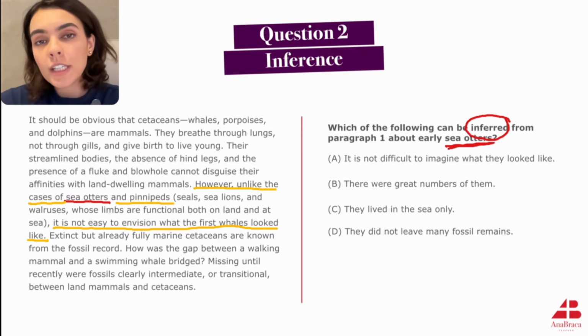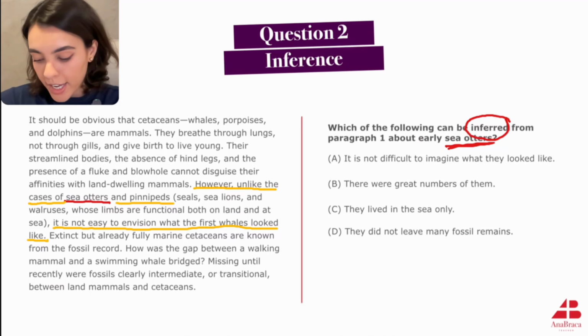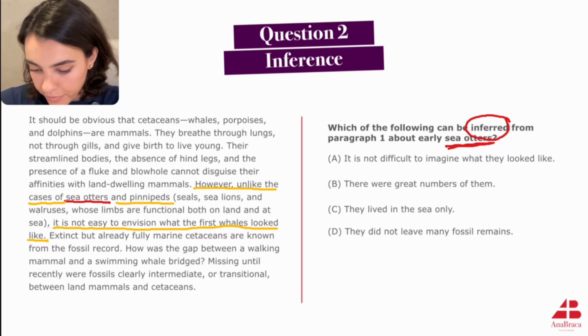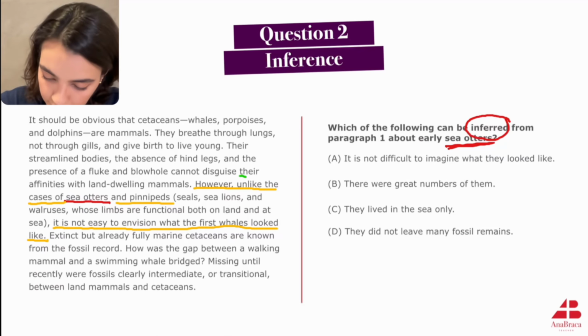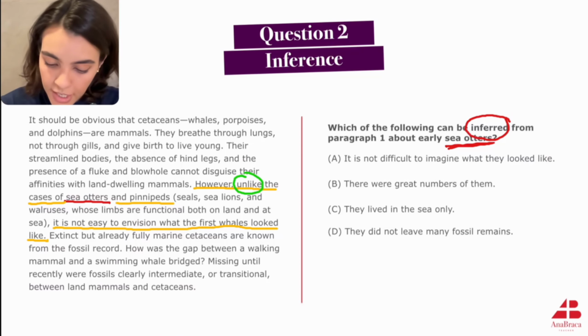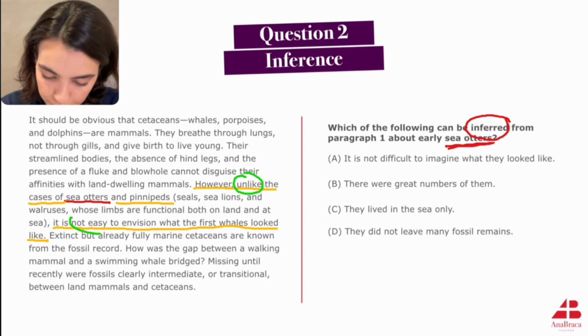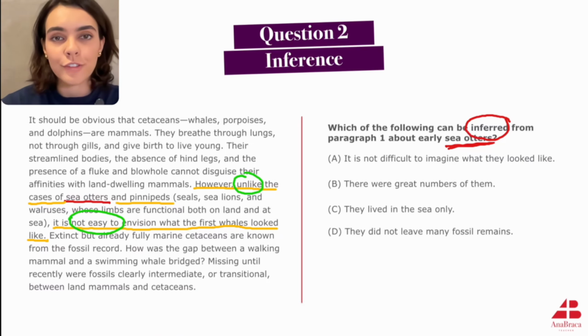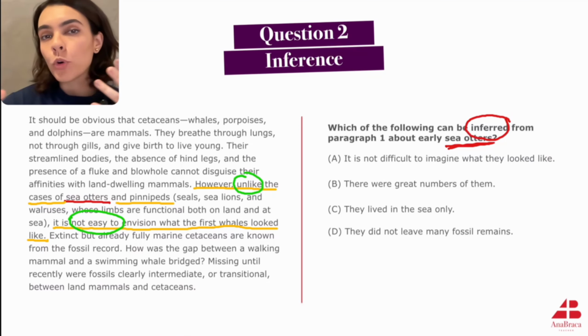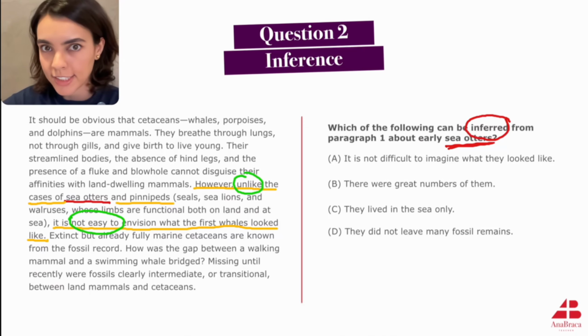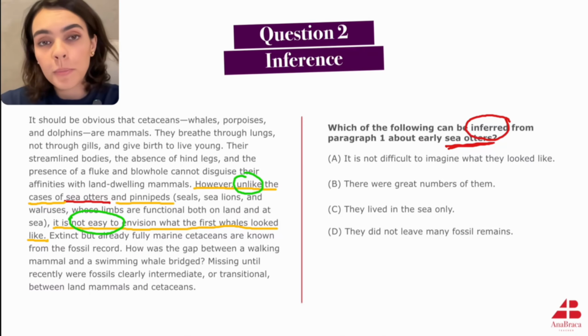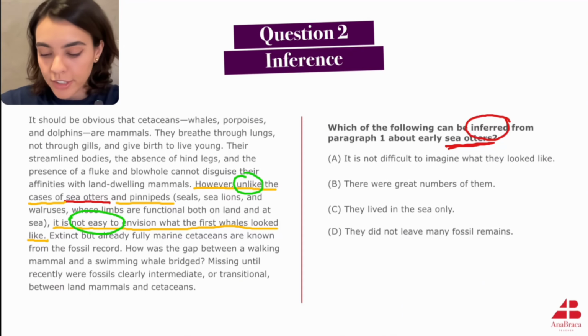So there are some key words here that you have to pay attention to. And the words are unlike and not easy to. Those are negative words. So they make it a little bit more difficult to understand the sentence. So what can be inferred based on this sentence that I highlighted here?